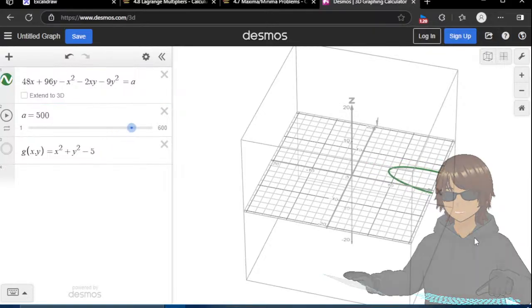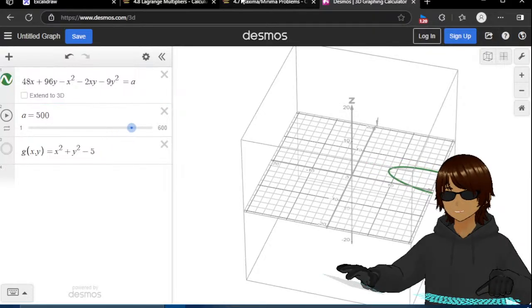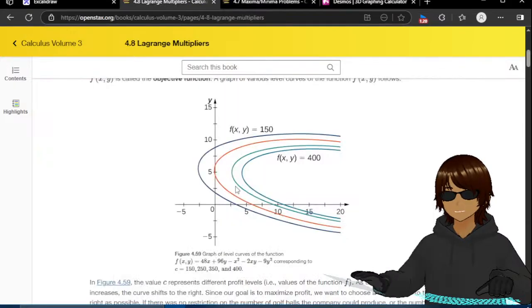Yeah, so it's going that direction, right? Positive x direction. With no constraint, bring it as right as possible, right?